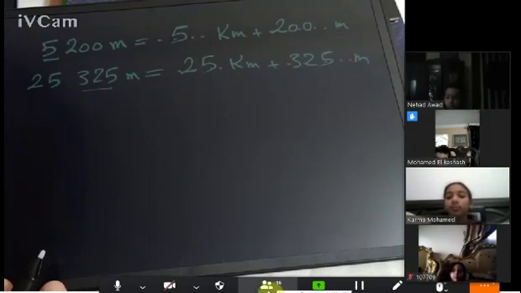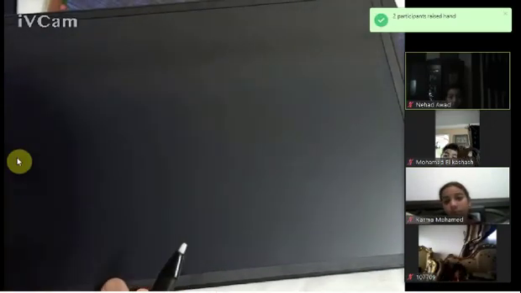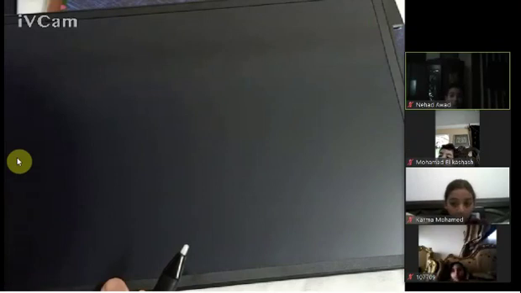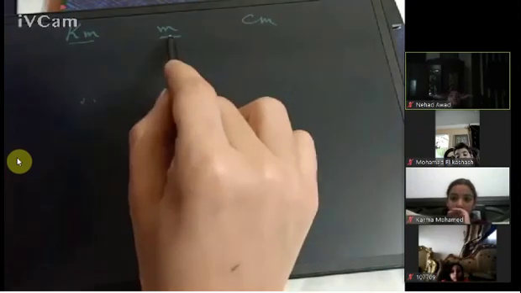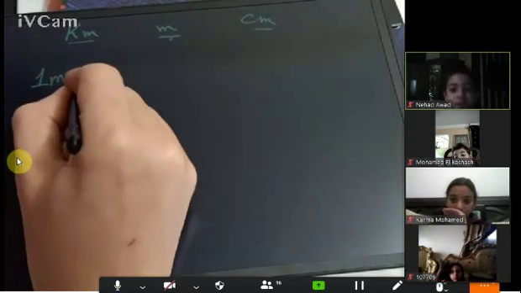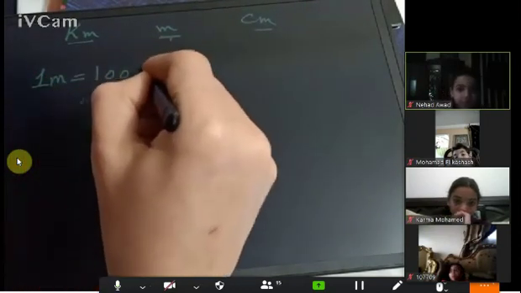So we said from kilometer to meter, the relation is 1,000. What about from the meter to the centimeter? You know that we have kilometer and meter and centimeter. We took the relation between kilometer and meter. So of course we have a relation between meter and centimeter. You took it in grade 2 that 1 meter equals 100 centimeter.